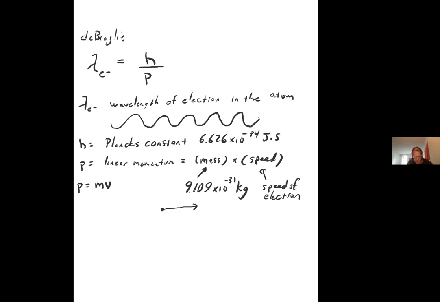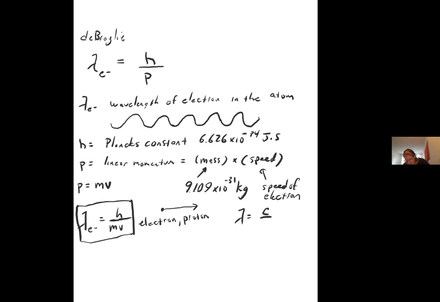So that's our little equation there. I'm going to write the de Broglie equation again as lambda equals h over mv. And there we go. Be careful. This is the equation you use for what we call matter waves. So you use this for the electron, and for a proton. But remember, we also had wavelength is equal to c over frequency.